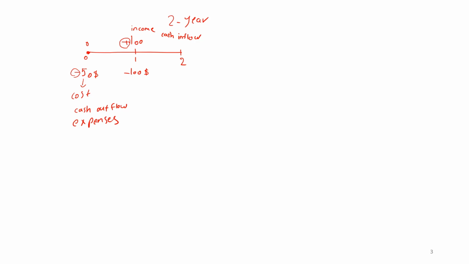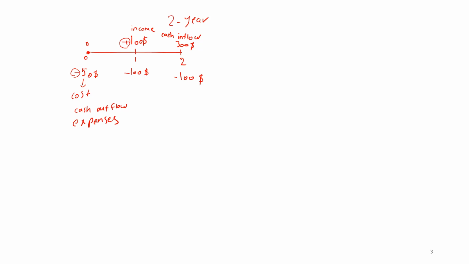After 2 years, the second year, we will spend another $100. Again, I put negative because it's cost. And also in the second year, we will have $300 inflow, cash inflow or income or benefit.